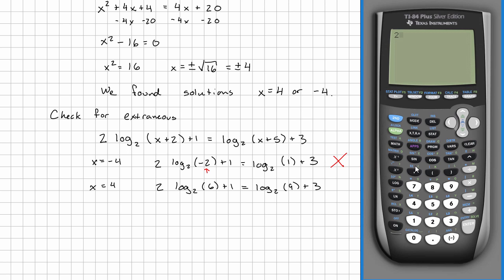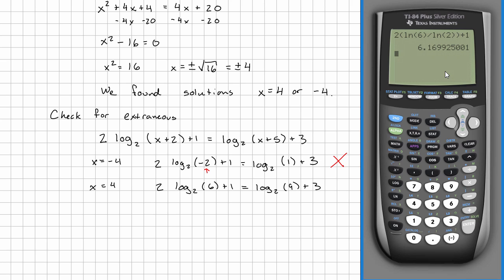This calculator doesn't have the log in any base, so I'm going to have to say log 6 in another base divided by log 2, plus 1.